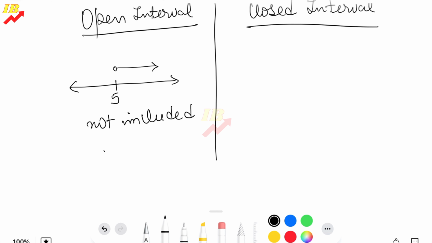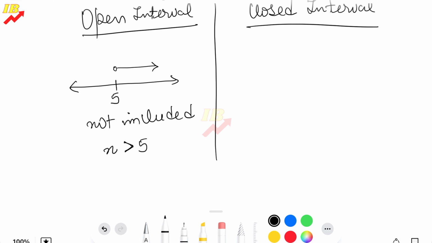That means I'll be marking this as x should be greater than 5. I'm not putting a greater than or equal to sign. I'm only writing a greater than sign. All the values greater than 5 are the solution, but not 5.